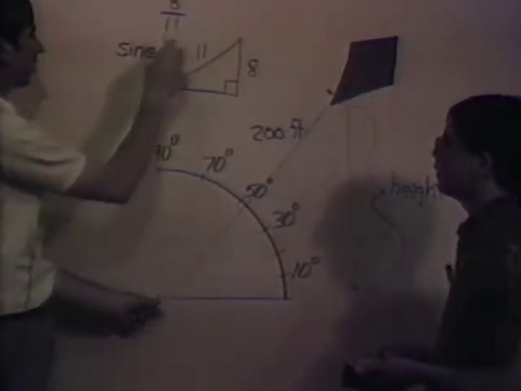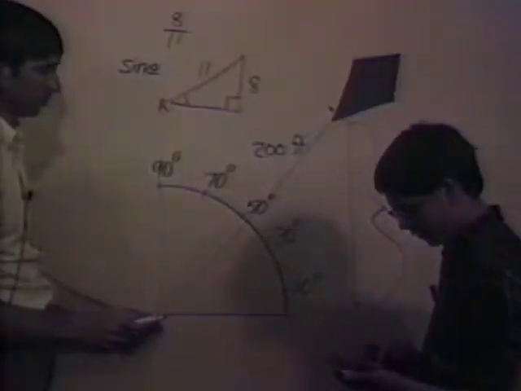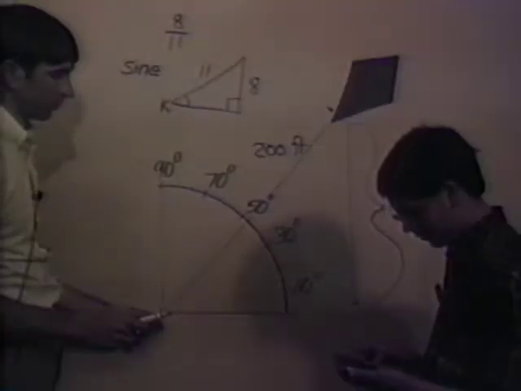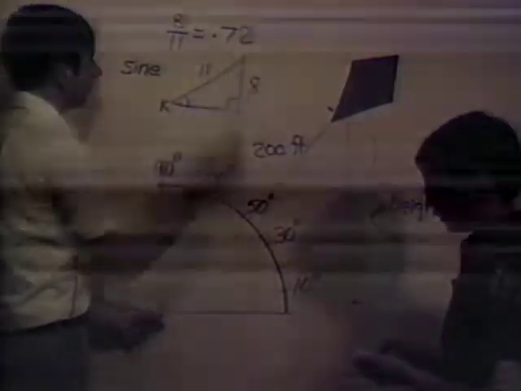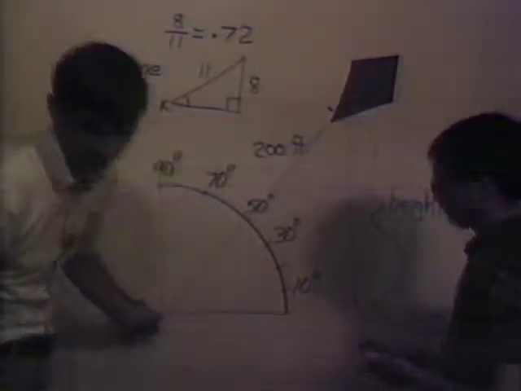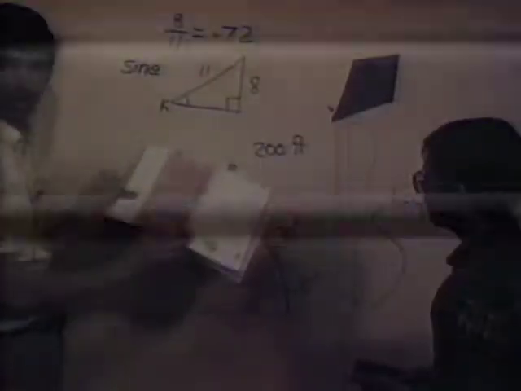And if we wanted to work that out, go ahead and divide that out on your calculator, Tim. 0.72. Okay, 0.72, and it goes on a little bit farther. If we took a trigonometric table here, and again, you're going to have a hard time seeing this.